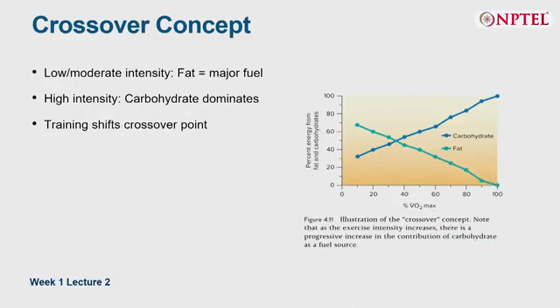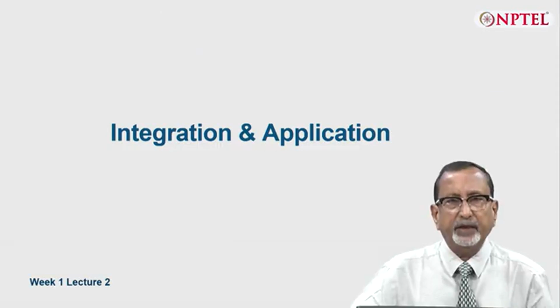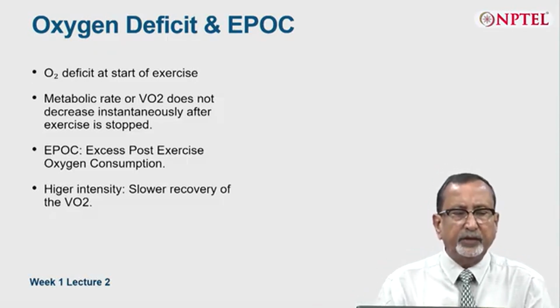As I have mentioned, in a lower intensity activity, fat is a preferred fuel over carbohydrate. Carbohydrate takes over when the intensity is more, as shown in the crossover model. Once we talk about integration and application, there is oxygen deficit, obviously at the start of exercise.